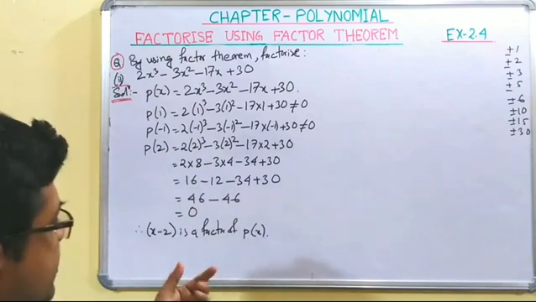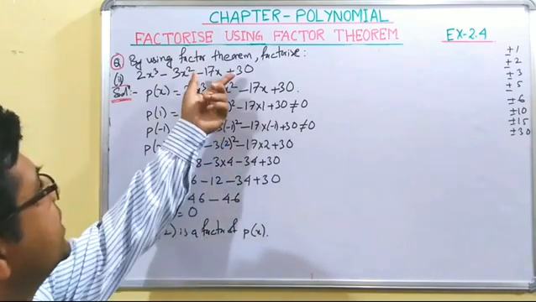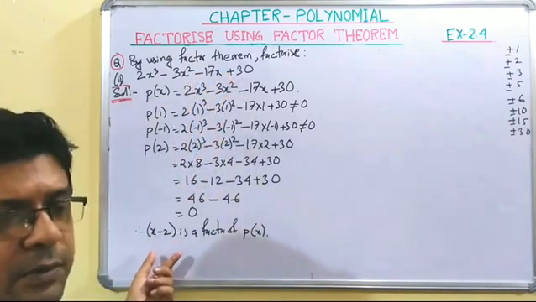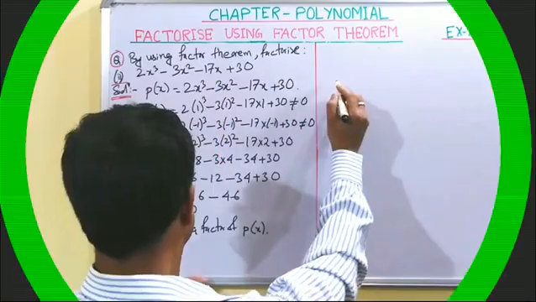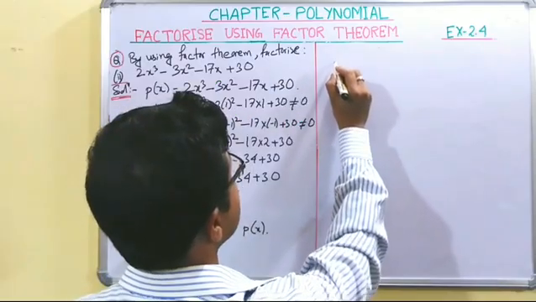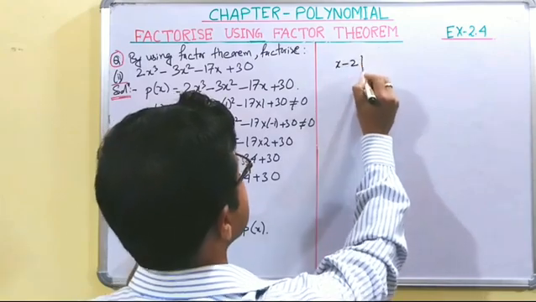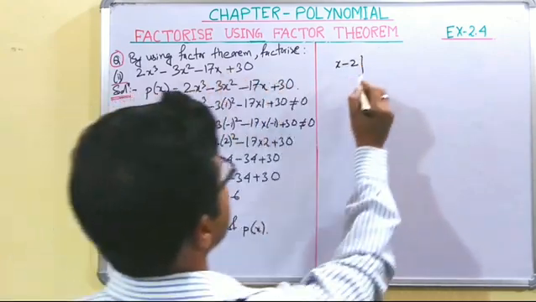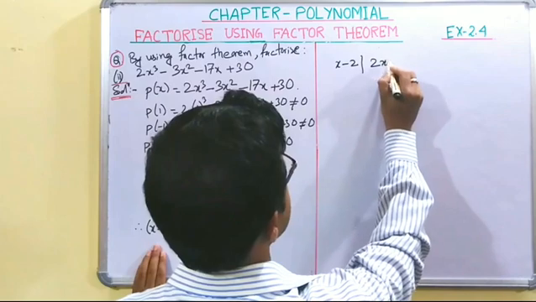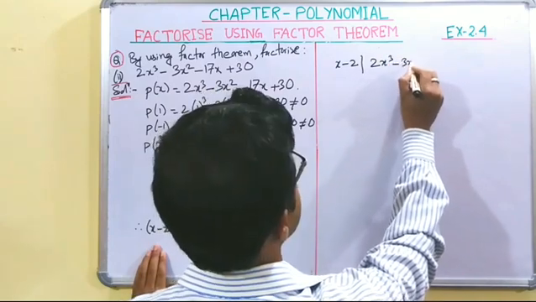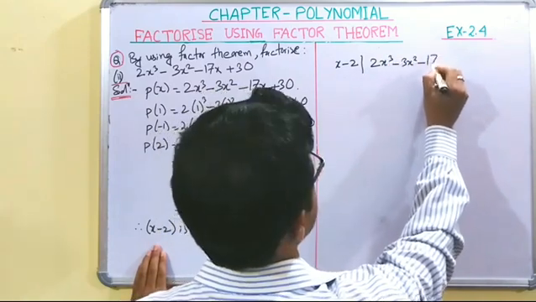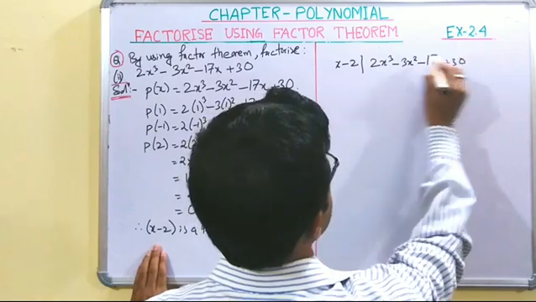Okay, now this is another procedure. We shall divide this by x minus 2. The polynomial is 2x cube minus 3x square minus 17x plus 30.